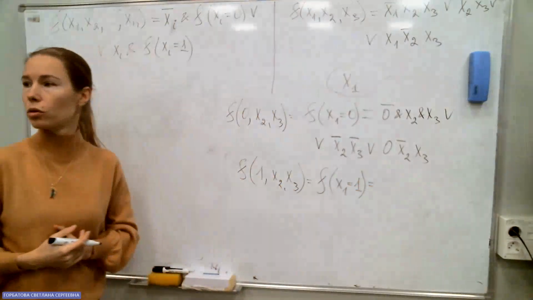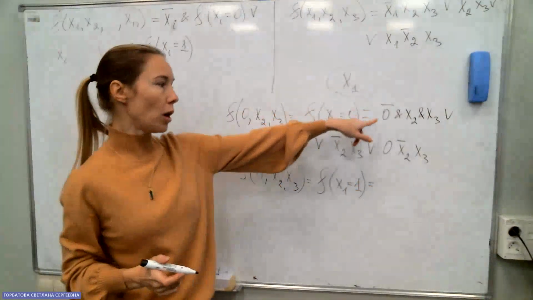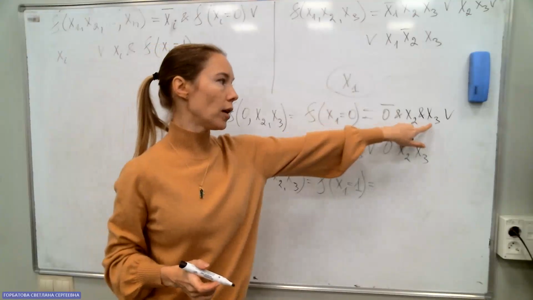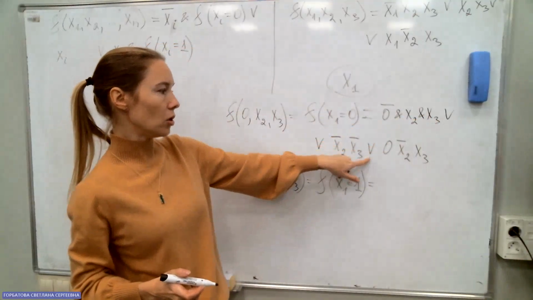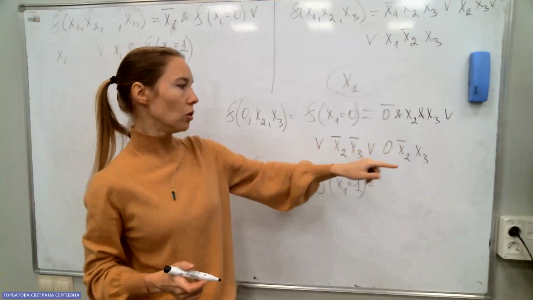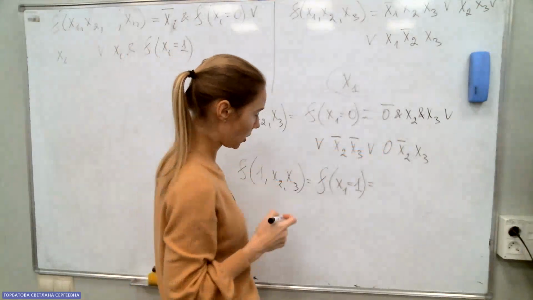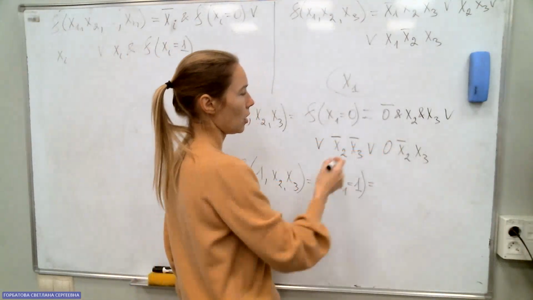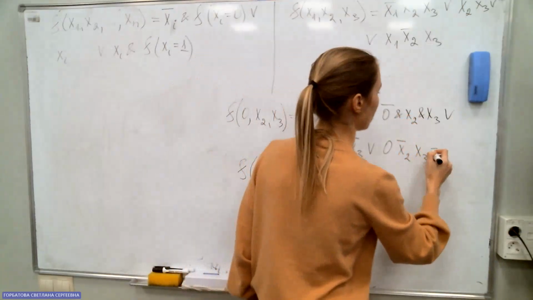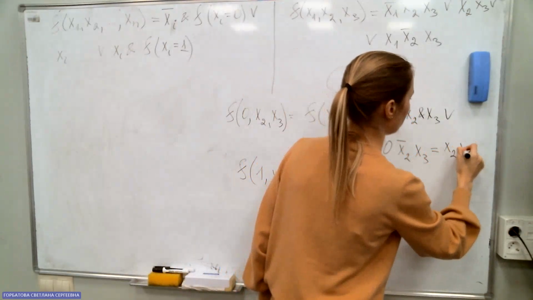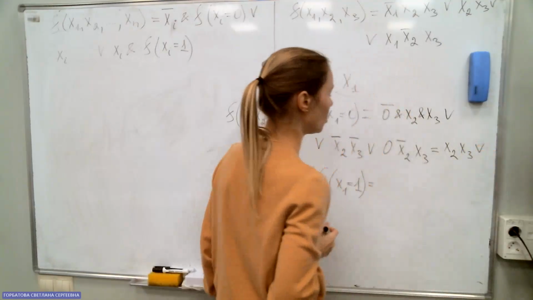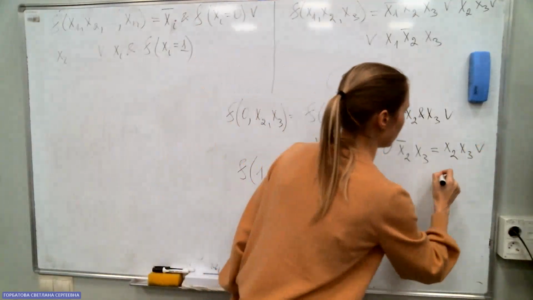It will be: not 1, x2, x3, disjunction, not x2, not x3, disjunction 1, not x2, x3. So here is the result: x2, x3, disjunction not x2, not x3.